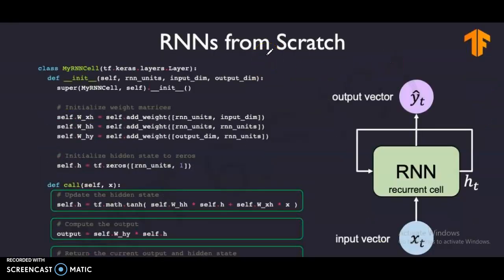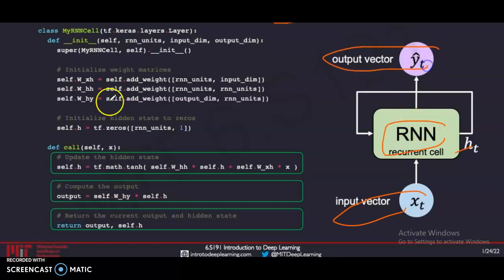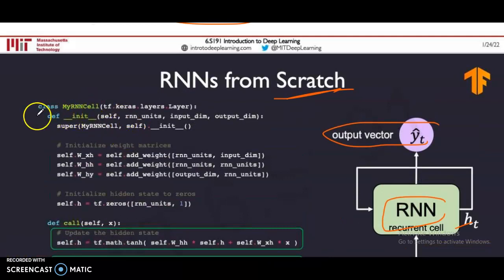RNN from scratch. This is also another library. X of t is the input vector, the recurrent cell produces h_t, the output vector is y of t. Class MyRNNCell, a layer.